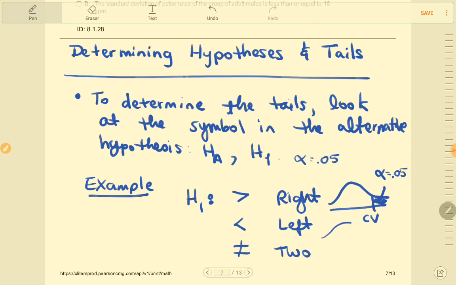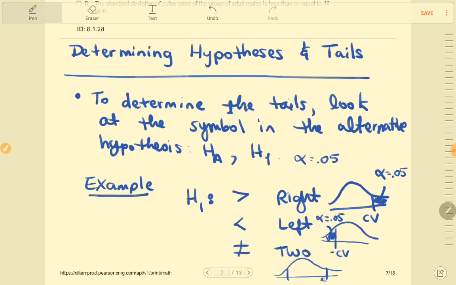And for a left-tailed test, it would be just the opposite. So you would have your entire alpha in one tail on the left, and you would have one negative critical value. And then for two tails, you would actually be splitting up that significance level into two tails, where you would have a negative and a positive critical value, and that alpha would be halved on each side.